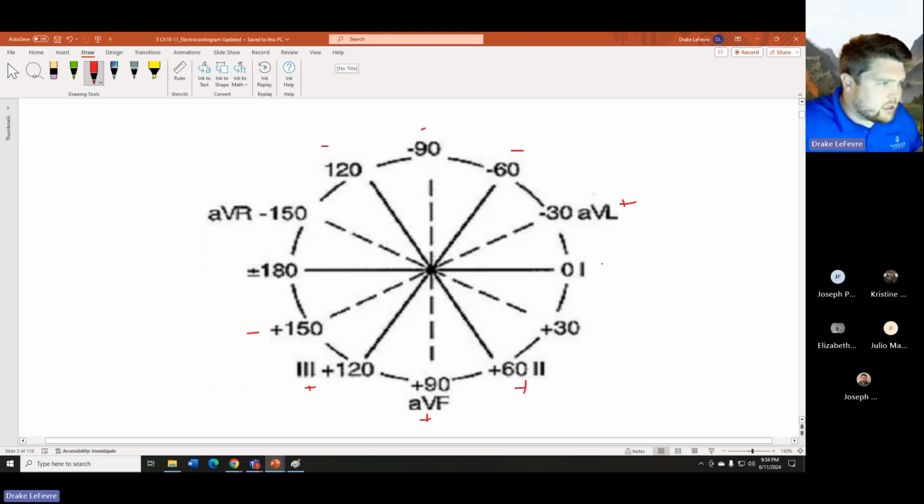That's the negative direction. This is positive, negative. I'm pretty sure. Where's my, I tried to find my. I actually made one of these and I printed it out and laminated it.